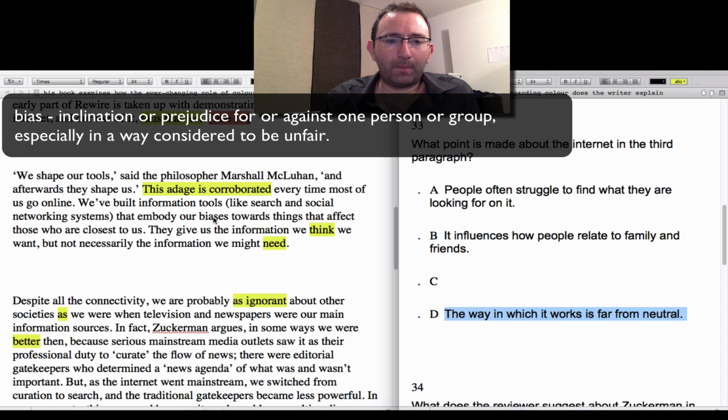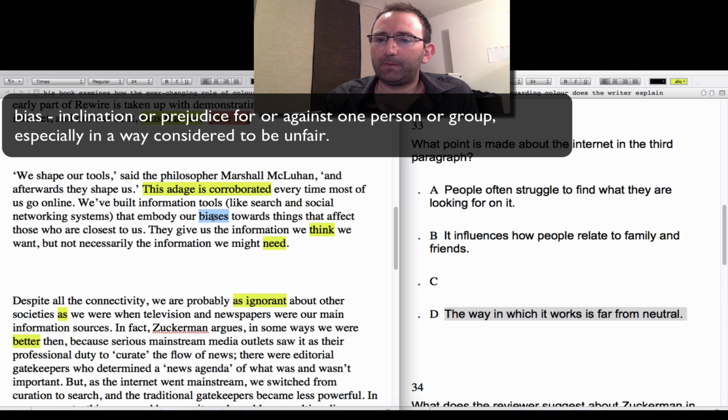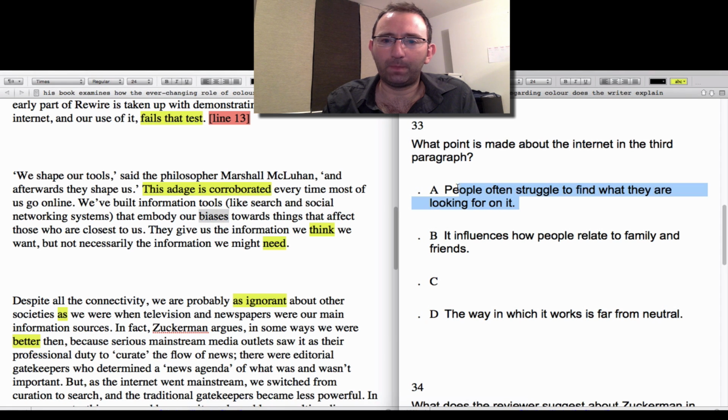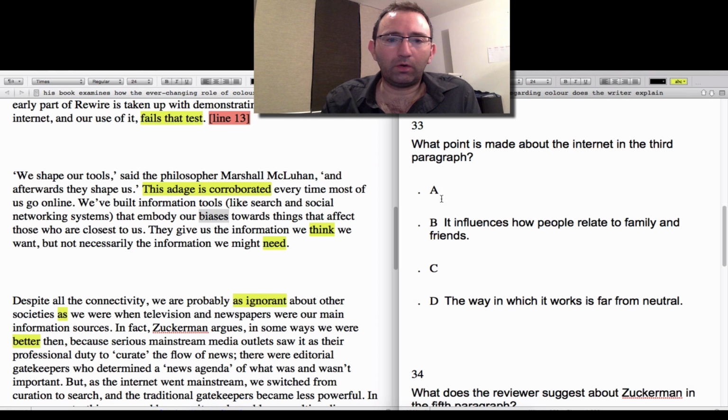Okay, the word bias can connect with neutral. That's interesting. Okay, I'm definitely going to delete A now. So it's a question of B or D. In fact, no, it's D.